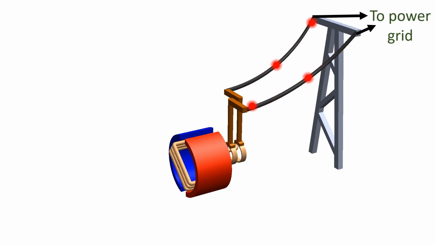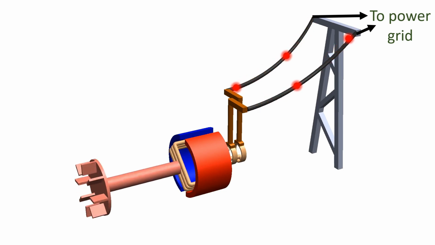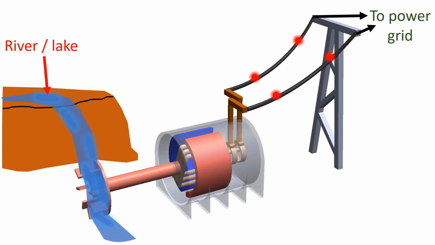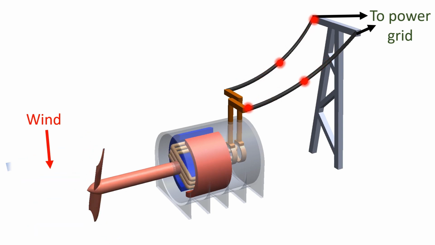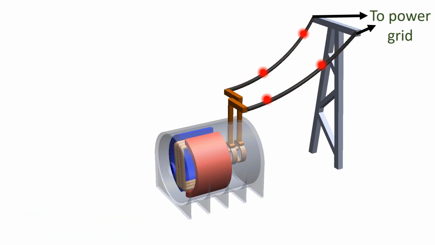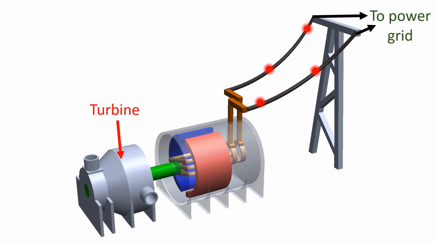Now, how do we rotate the generator continuously? In hydroelectric plants, we use water flow with turbines. Wind turbines utilize wind as their energy source. But most power plants use high-pressure steam turbines.